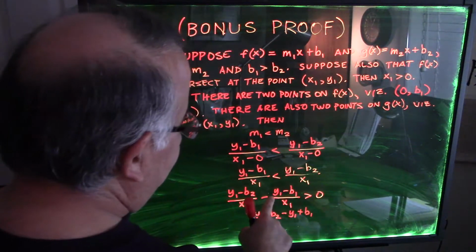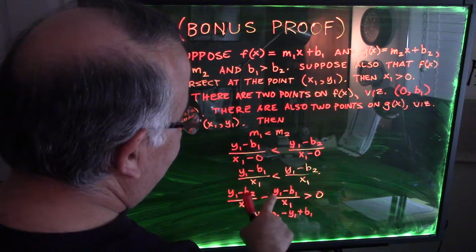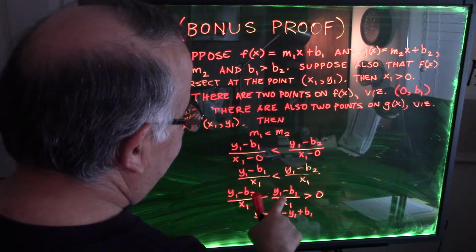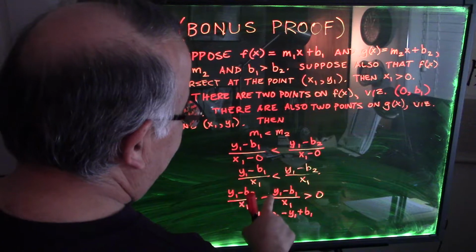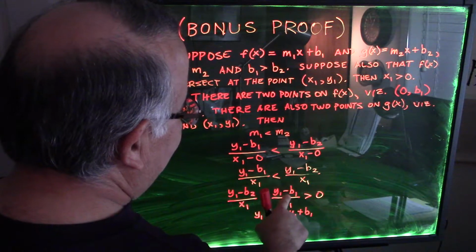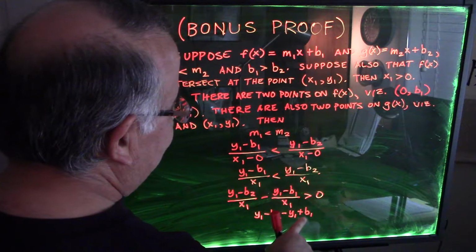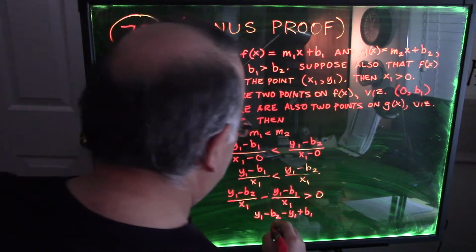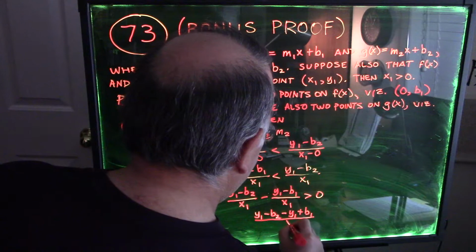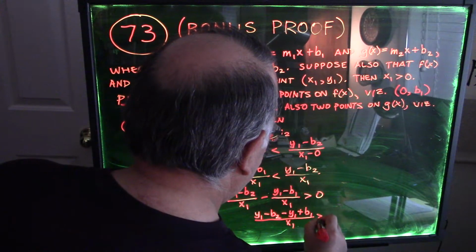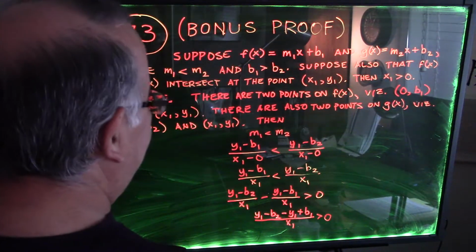Again, you're subtracting the whole numerator here, so you put a minus and then parentheses around it, and that becomes minus y1, and minus a minus is plus b1. That's where that comes from, all over x1 is greater than 0.